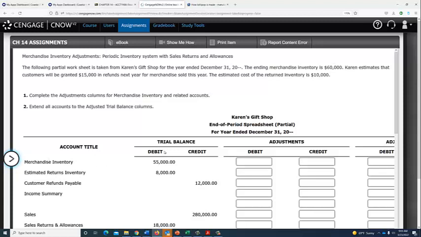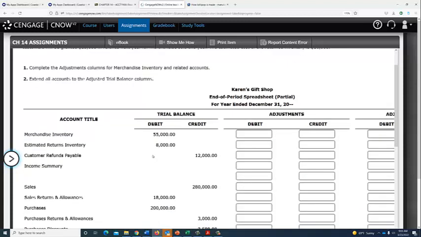Right here in the trial balance is my old figure. So the first order of business is to get rid of this $55,000 debit with a $55,000 credit. Okay, and then we're going to come down and put that debit that offsets the credit in income summary. Okay, so we've gotten rid of the old number. Step 1.